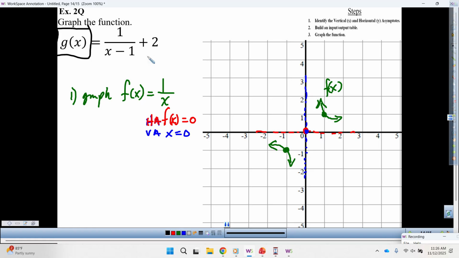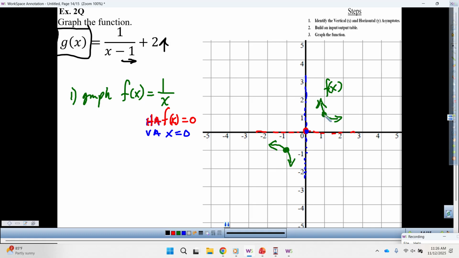Where do we move that to? All right, Jacob, where are we going to move it to? 1 to the right and up 2. Hands if you got that. That is correct. 1 to the right and up 2.